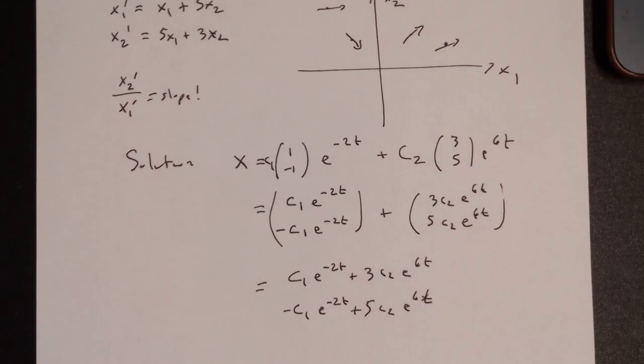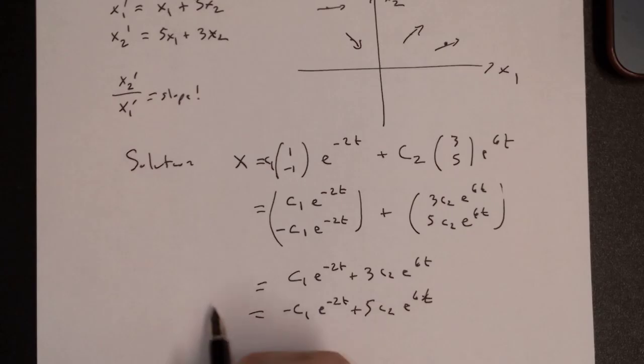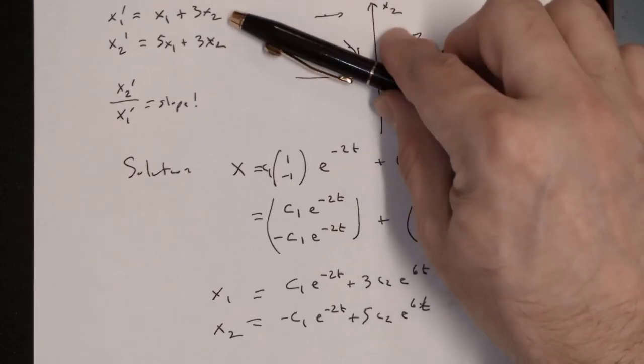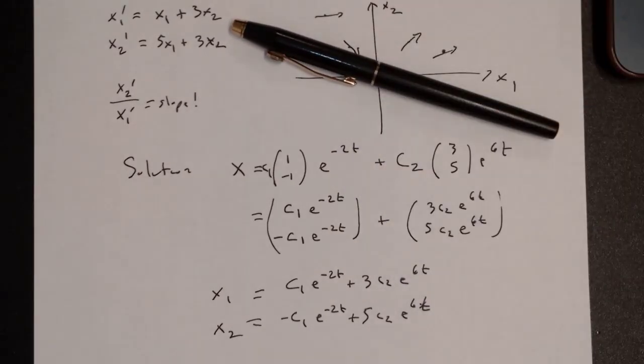Hey, wait a second. That's my vector x, yes? If that's x, then that's really x1 and x2. Which means I can check it, Cody, by plugging those in here and seeing if they work. Which means I need the derivative of x1 and the derivative of x2. I claim this does work.